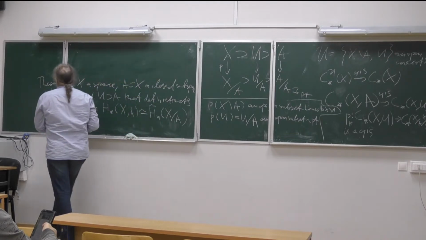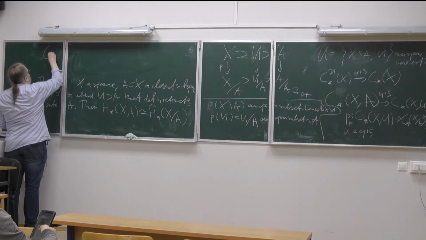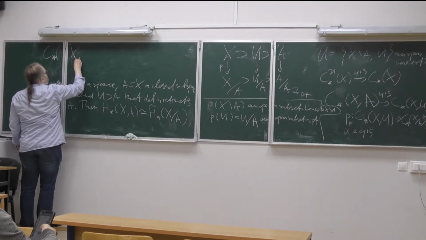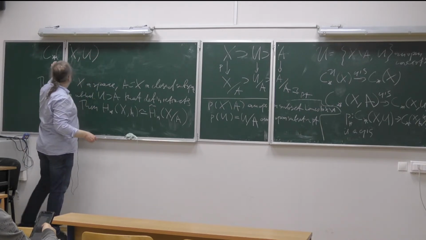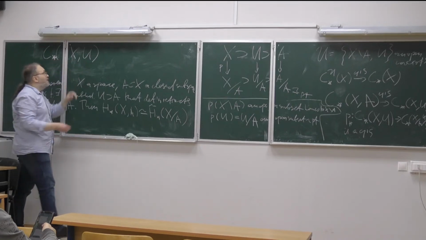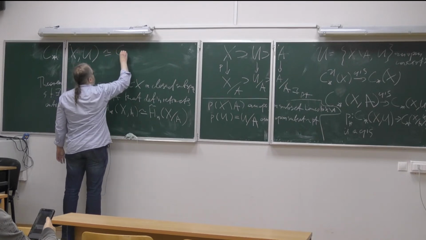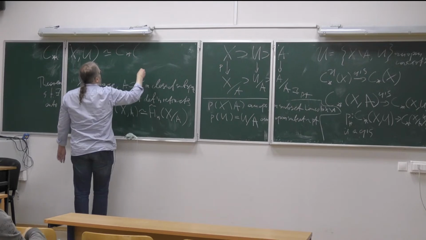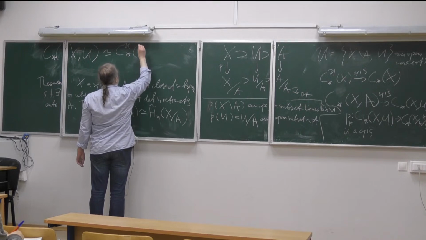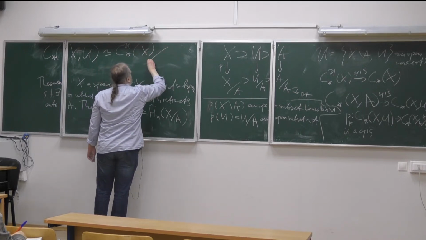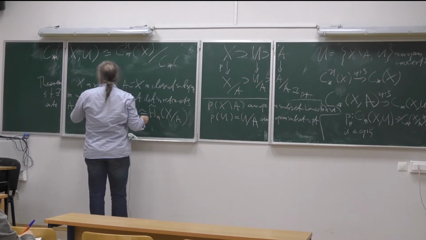Okay, so my claim is that C_*(X) mod C_*(U) is actually isomorphic to C_*(X) mod C_*(U) lower star.